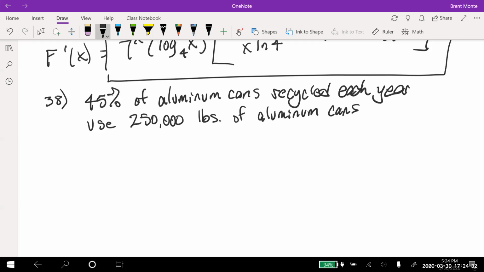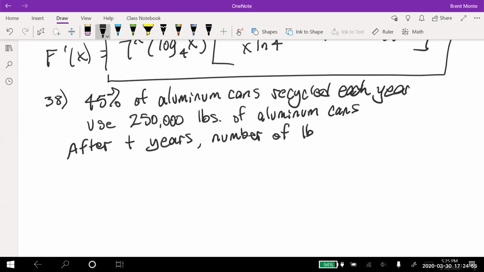After recycling, the amount of aluminum in pounds still in use after t years. So after t years, number of pounds, and they write, well, I'm not going to write, we don't need to know that.